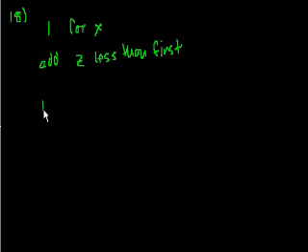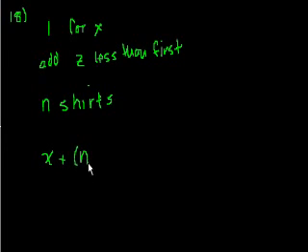So N shirts. The first shirt is going to cost X, right? And then how many shirts are left? Well, there's N minus 1 shirts that aren't the first shirt.